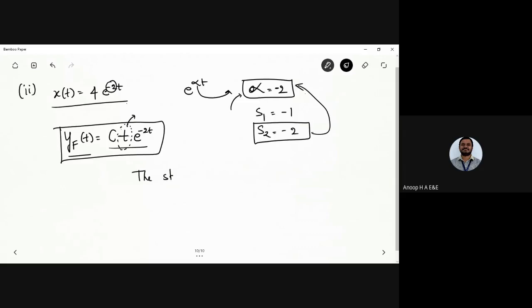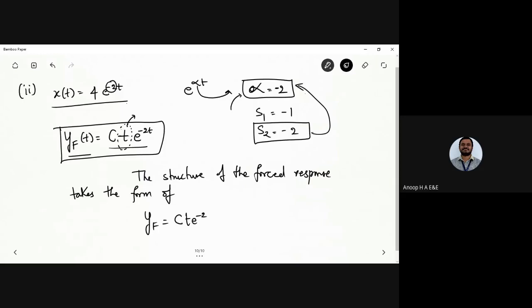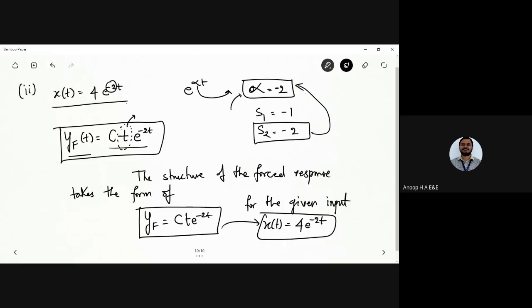The structure of the forced response takes the form yf equals c t e power minus 2t, for the given input x of t equals 4 times e power minus 2t.